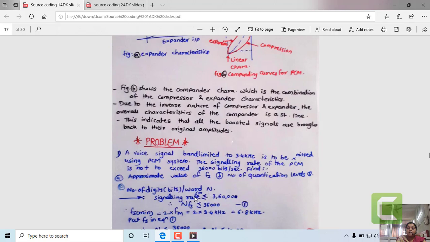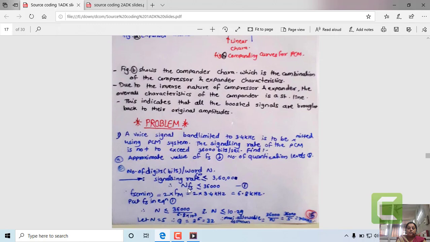That means the signaling rate is less than or equal to 36,000 bps. But the signaling rate r is equal to n into Fs, where n stands for the number of bits per word and Fs stands for the sampling frequency. So to keep the signaling rate minimum, we need the minimum value of sampling frequency, so we have considered Fs minimum.